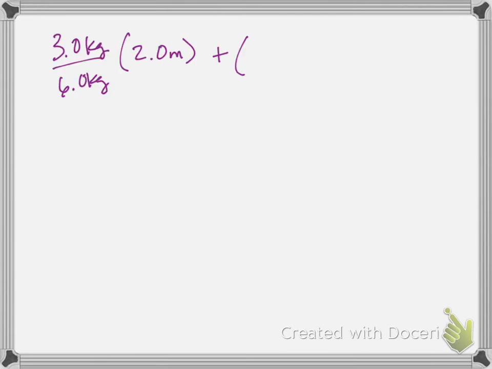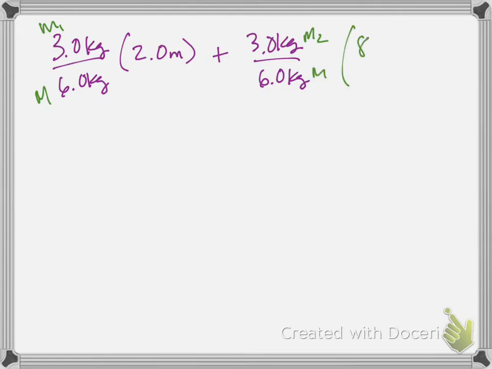I know I'm writing a lot of the same numbers, but I want to make sure you know where I'm pulling them from. Here's my still 6 kilograms. This is M1 over M. This is M2 over M. Then we have this x-coordinate, which was 8 meters.